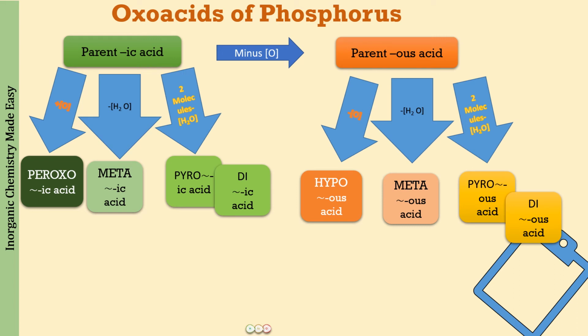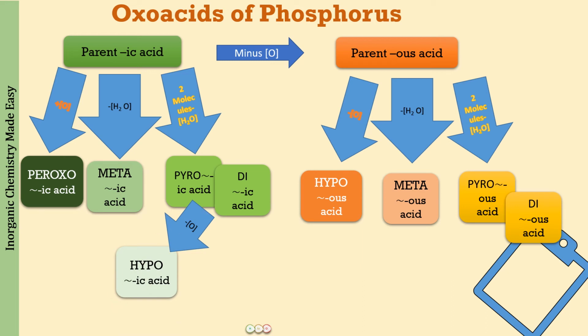Now let us talk about the hypo-ic acid. How are we going to name that? For that, because we cannot subtract the oxygen from the -ic acid, what we will be doing is subtracting one oxygen from the di-ic acid or the pyro-ic acid. So minus one oxygen from the pyro-ic acid, what you will be getting is the hypo-ic acid.